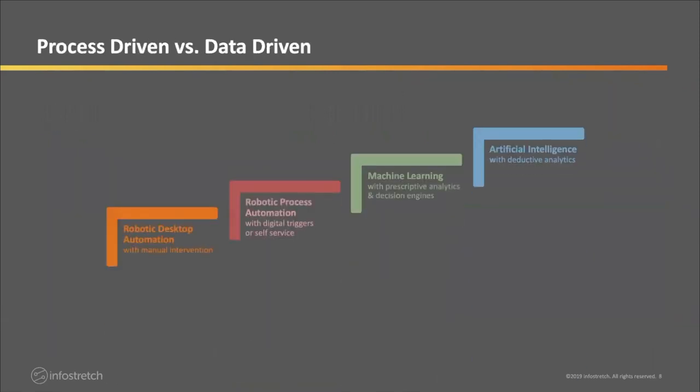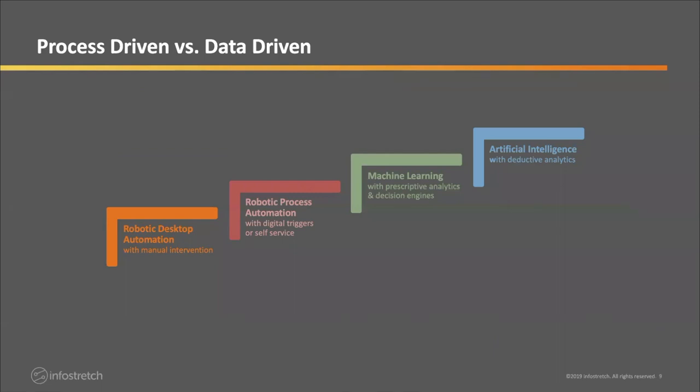So let's put that in the data-driven against the process-driven perspective. If you look at the evolution, what we call robotic desktop automation, robotic process automation, machine learning, artificial intelligence, this is the evolution, right?